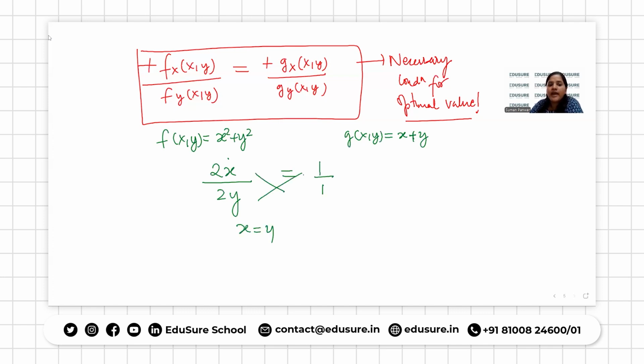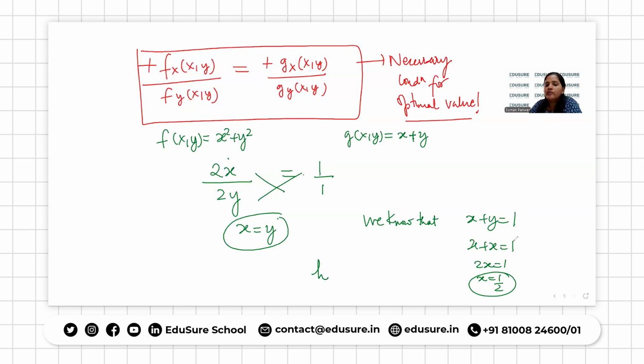That would imply that x equals y. And we know that x plus y was equal to 1. So x plus x was equal to 1, so 2x equals 1. So x equals half. Here the optimal value means the minimum value exists at x equals half.